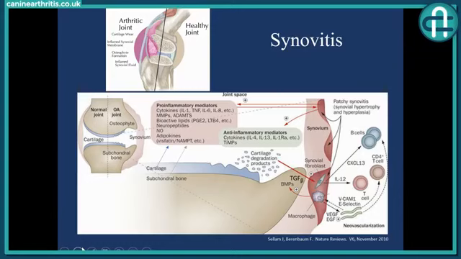And that macrophage plays a strategic role in forming this osteophyte. So to the left of that macrophage term, you see that kind of finger, which is meant to represent subchondral bone. That's bone that's right under cartilage.